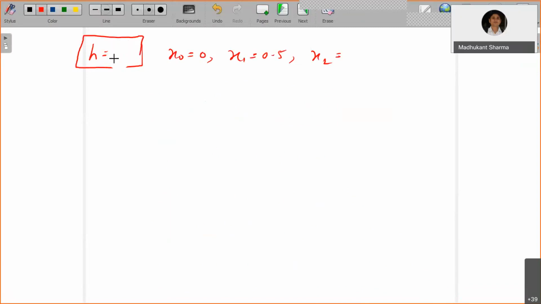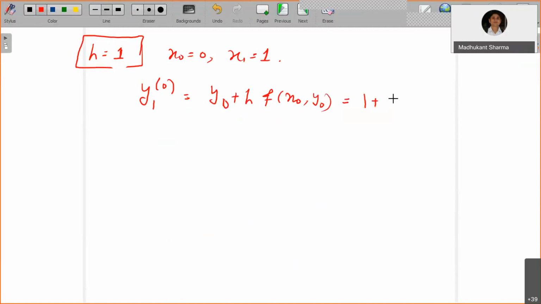Let me take h equal to 1, x0 equals 0, and x1 equals 1. Now the 0th approximation: I'm interested in finding y at 1, so I'm using that part only. So y1 at 0 is y0 plus h times f of x0 comma y0. That's going to be 1 plus 1 into 1, so that's going to be 2.